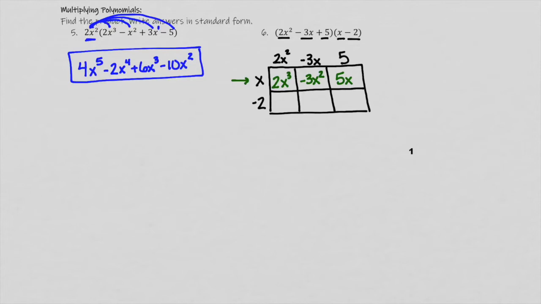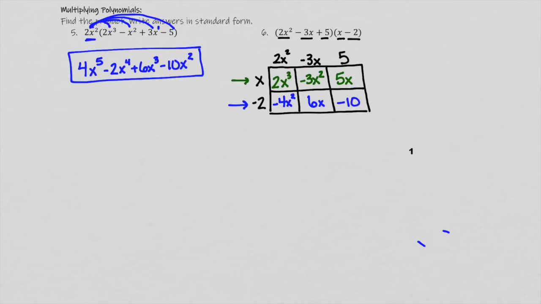All right, let's move down to the bottom row. I'm going to take negative 2 times that whole trinomial written above. So negative 2 times 2x squared is negative 4x squared. Negative 2 times negative 3x is 6x. And negative 2 times 5 is negative 10.